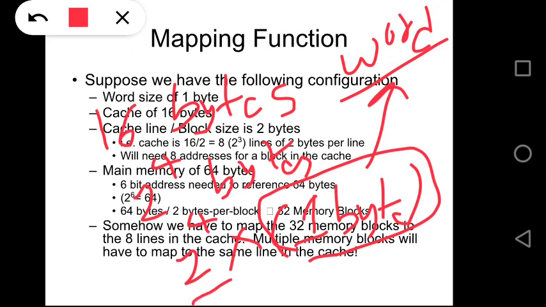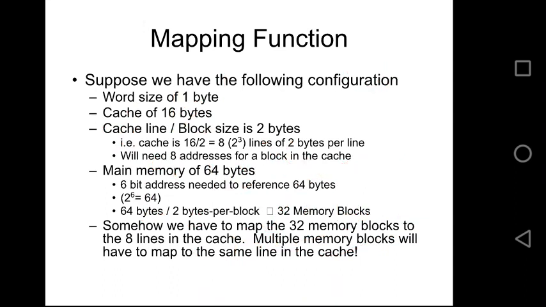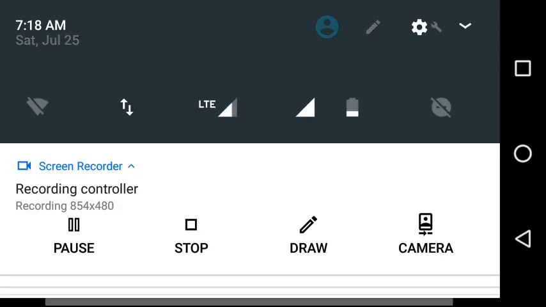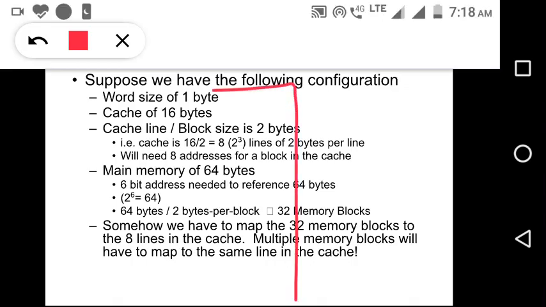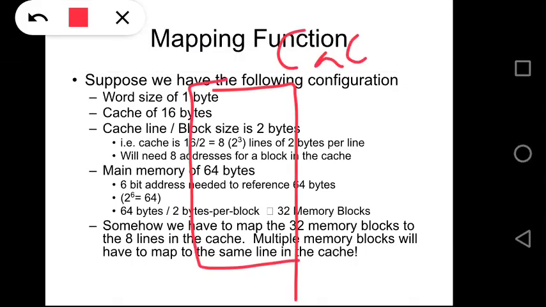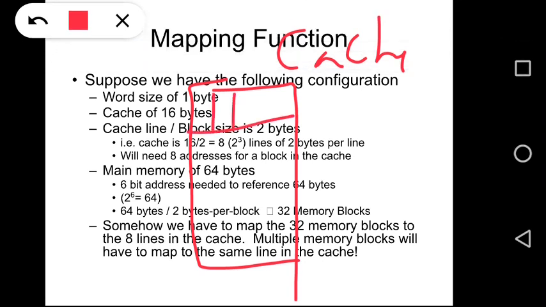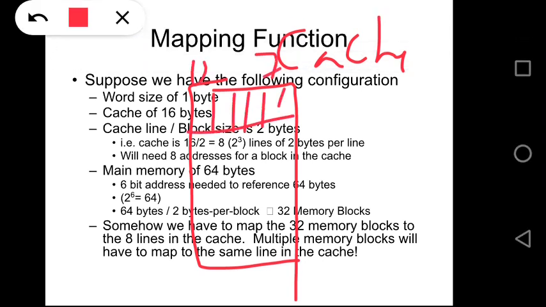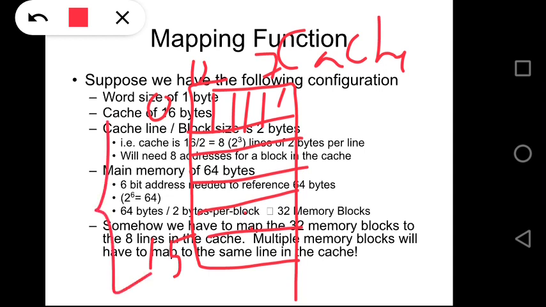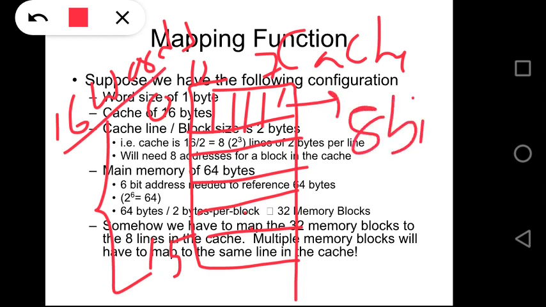How many such words are present? 2 power 4, that is 16. So if I draw the cache, this is the cache size. Its capacity is 0 to 15 words. Able to understand? It can store 16 words, and each word can store 8 bits.